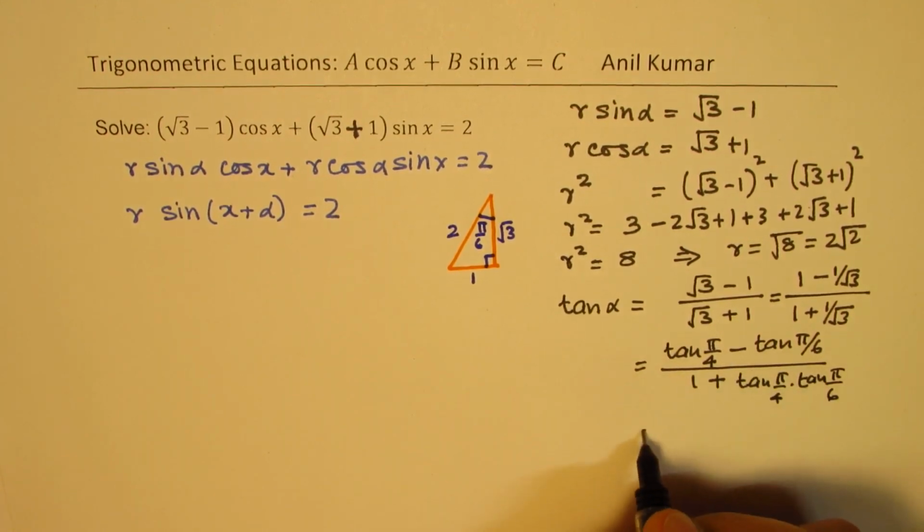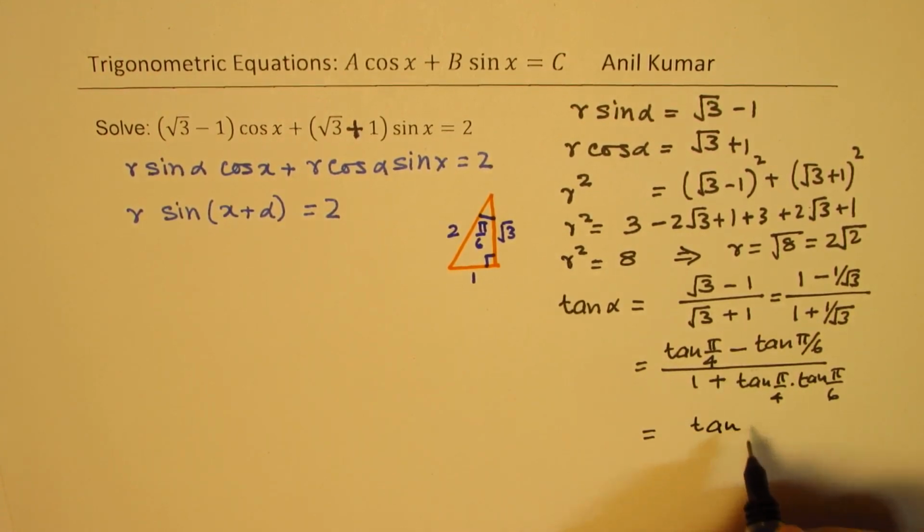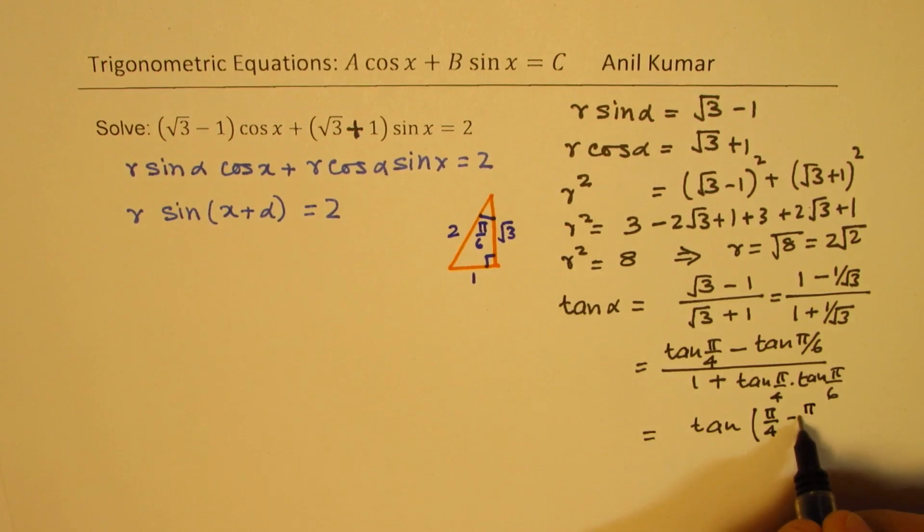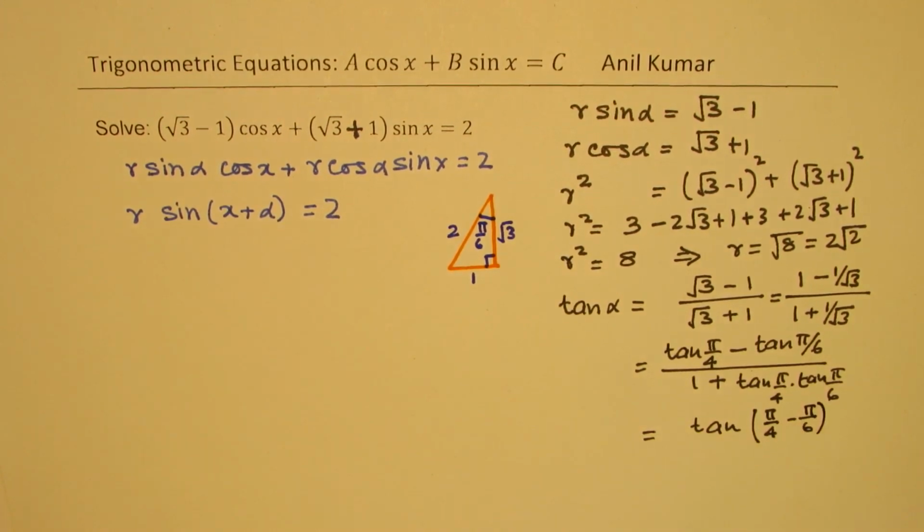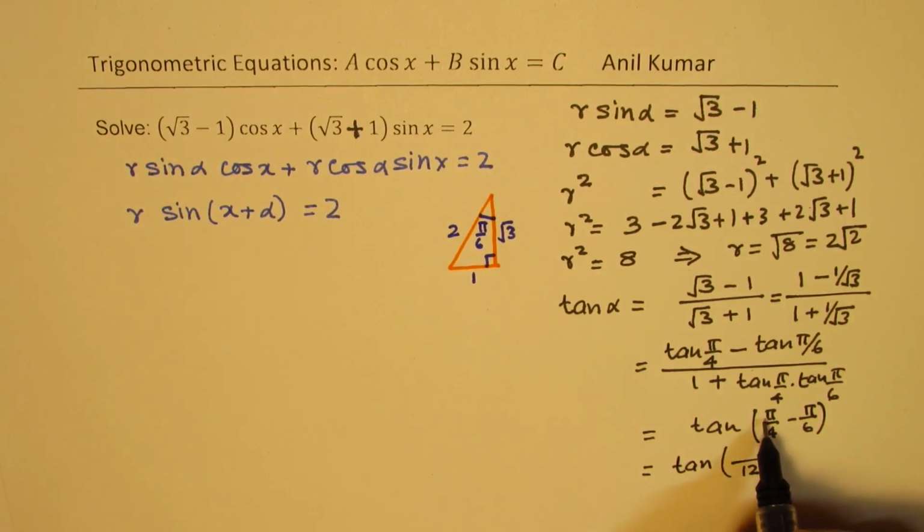Right. So this could be written as tan of a minus b, which is pi by 4 minus pi by 6. Okay? So pi by 4 minus pi by 6 is, taking 12 as your common denominator, 3 pi minus 2 pi, so we get pi over 12.